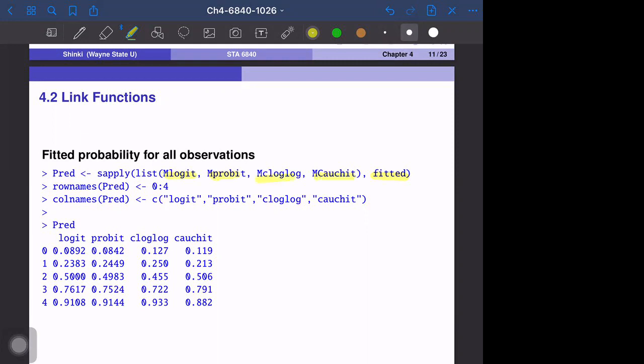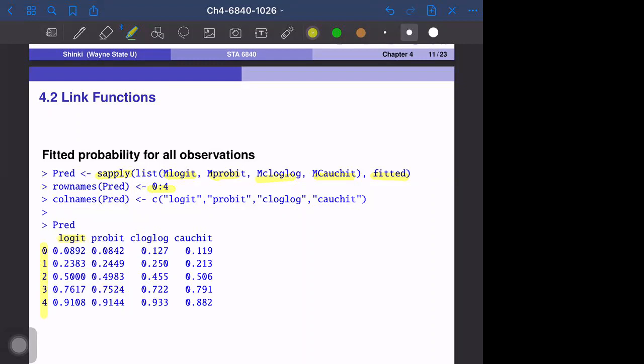And if we use the predict function or the fitted function, then we can calculate the fitted value for all 4 models. We can use the sapply function to calculate fitted values for these 4 models at once. Since the concentration levels are 0, 1, 2, 3, 4, we put the row names as 0, 1, 2, 3, 4, and the column names specify the 4 different models.